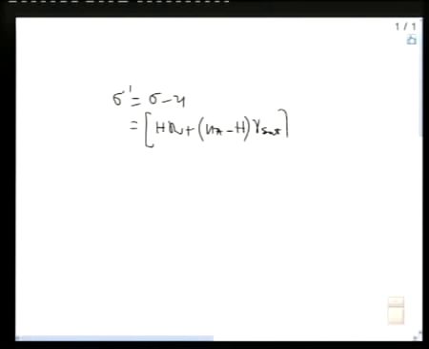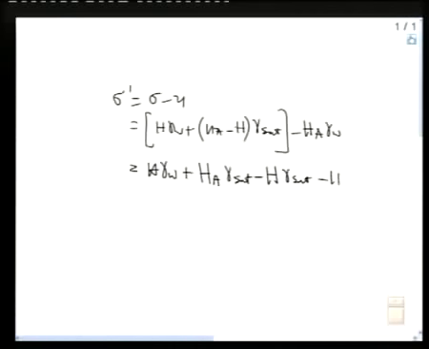That is all of it. We subtract from it HA gamma water, which gives H gamma water plus HA gamma saturated minus H gamma saturated minus HA gamma water.